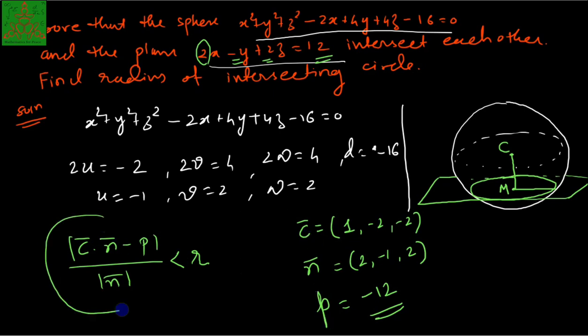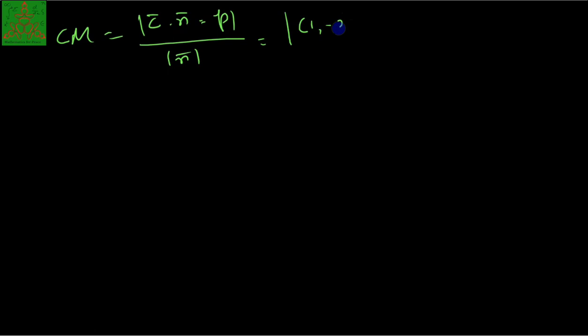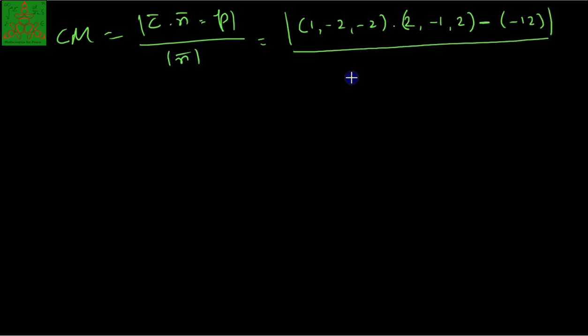So we can calculate the value of CM, which is c bar dot n bar minus p upon mode of n bar. We know that c bar is 1, minus 2, minus 2, dot n bar, which is 2, minus 1, 2, minus p, which is minus 12, upon mode of n bar, that is the square root of 2 square plus 1 square plus 2 square, so 4 plus 1 plus 4.